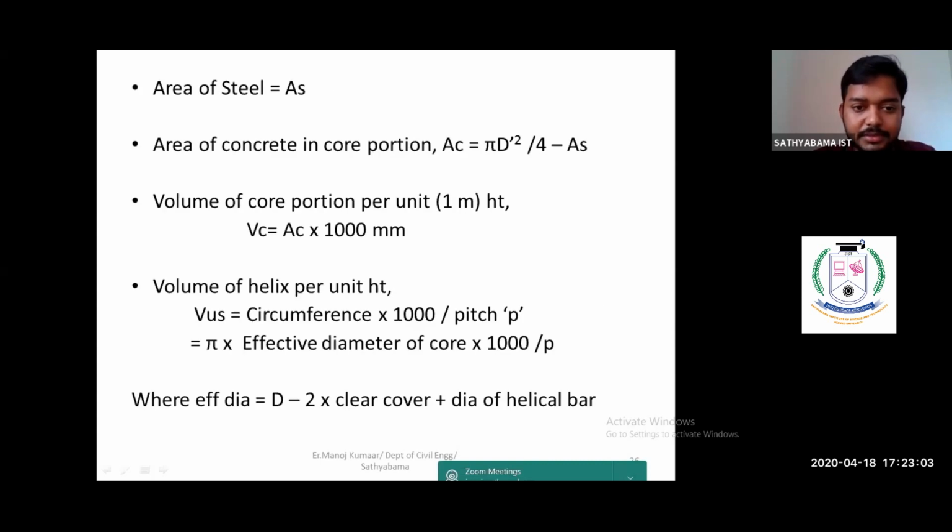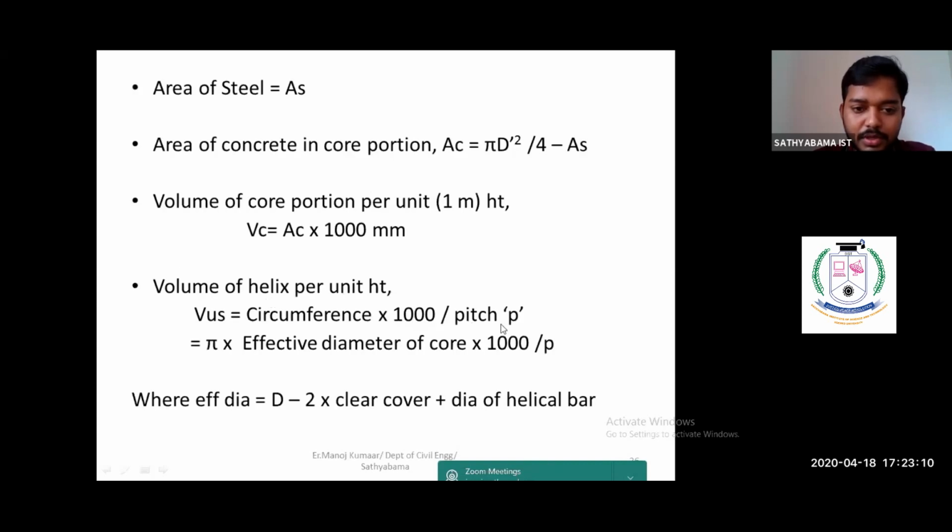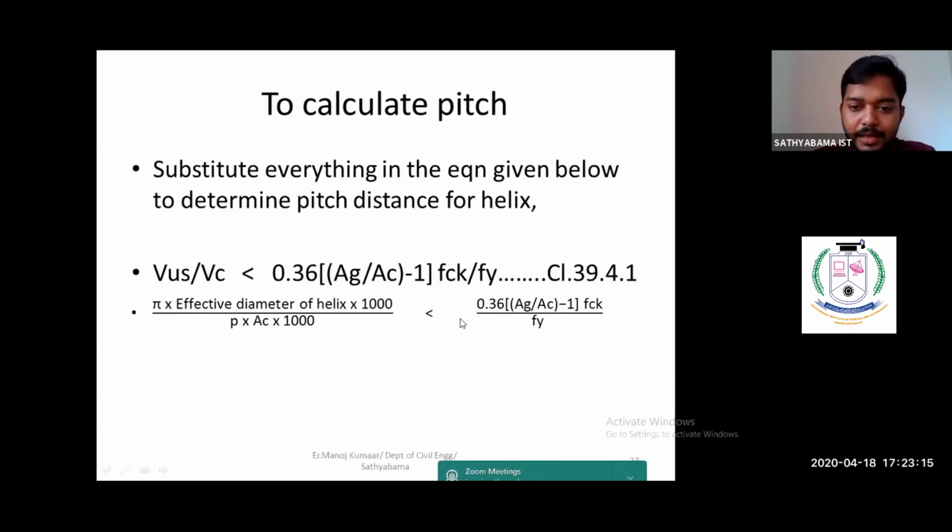Volume of concrete is Ac into 1000. And the pitch comes from this volume of helical bar. I am rewriting the right hand side portion as it is. When you substitute all the values except the value of pitch, you will get the lowest value of pitch which should be provided in your column.